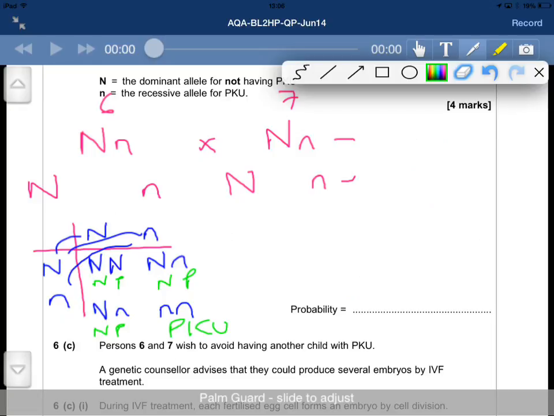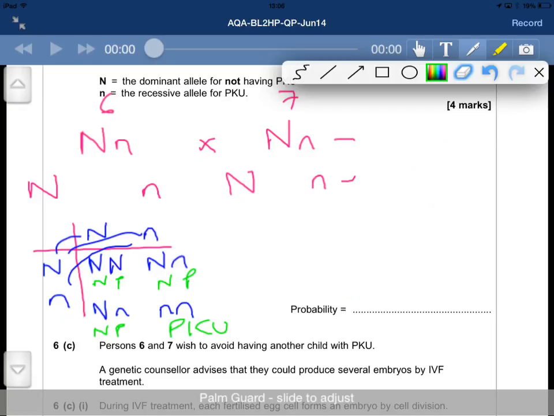Let me see if I can get up the mark scheme here. Okay, so if we look at this mark scheme, look for question 6. We can see here the marks.